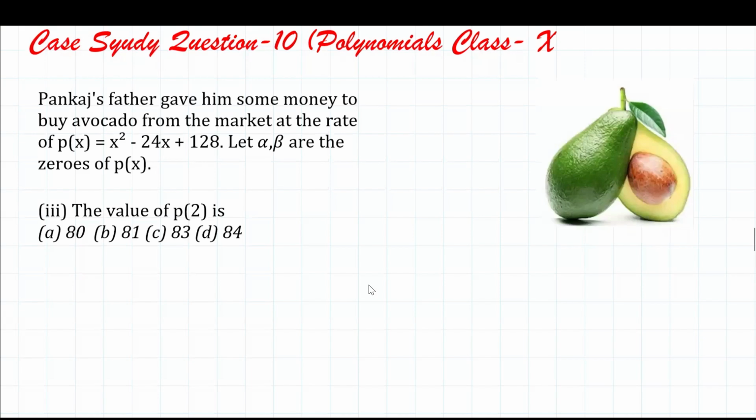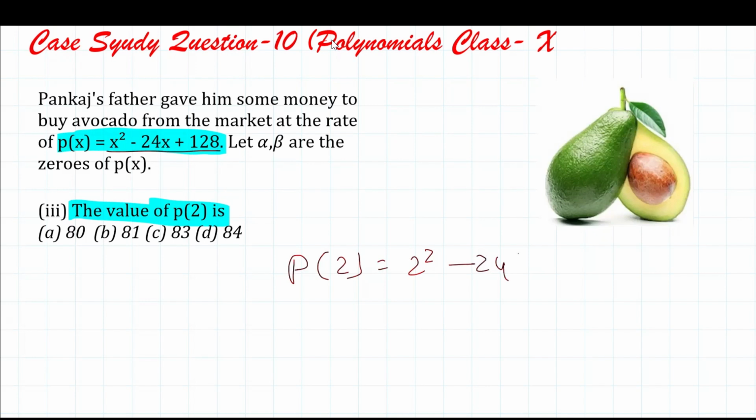In the third part, we have to find the value of p(2). This is p(x), so p(2) is simply replacing x with 2. This is x square, that means 2 square, minus 24x, that means 24 into 2, plus 128.